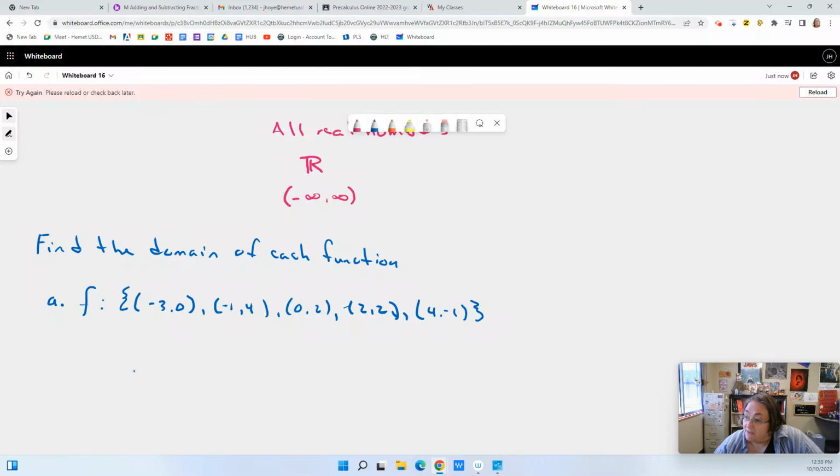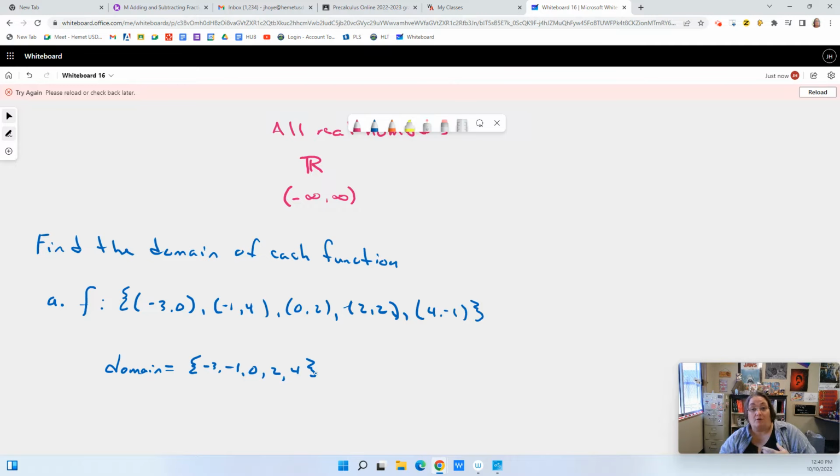Our domain on this one would literally be the set of numbers. Domain equals, and we can make the set, and it would be -3, -1, 0, 2, and 4.